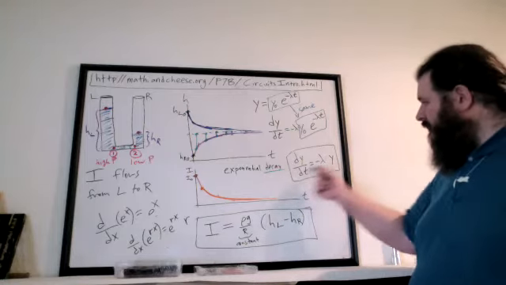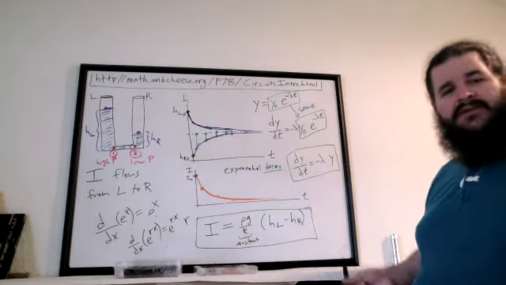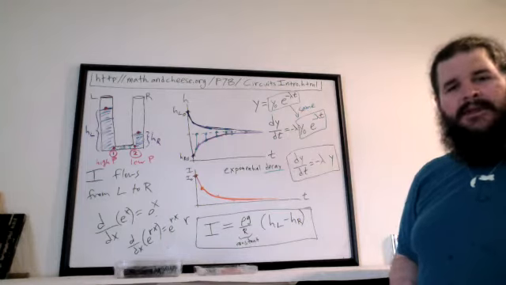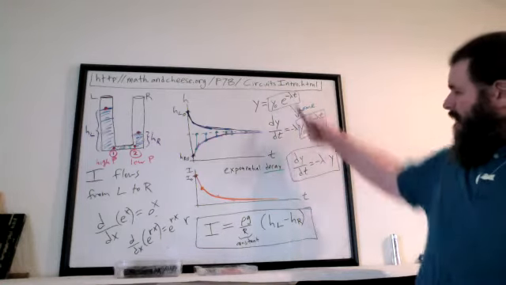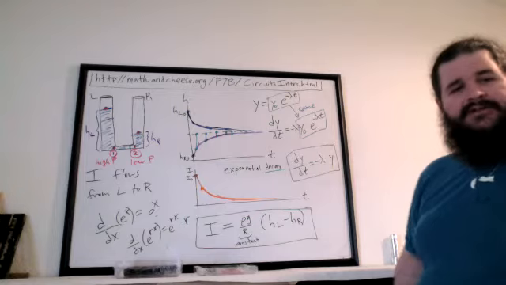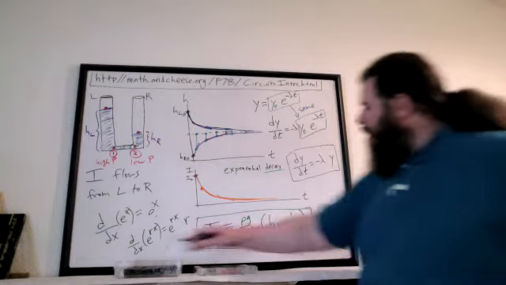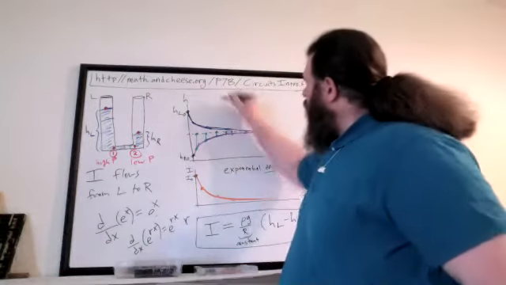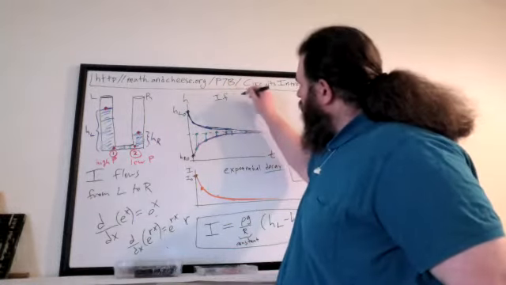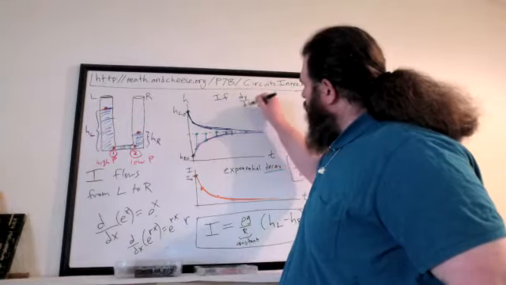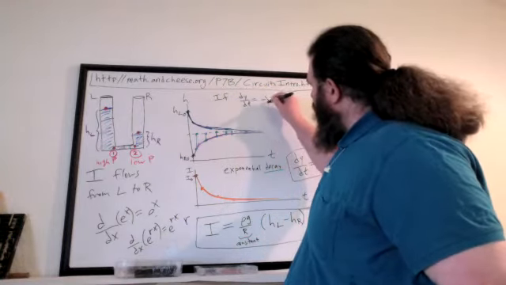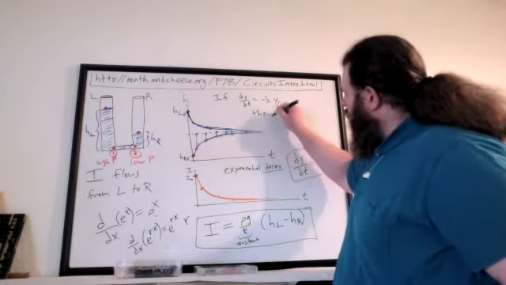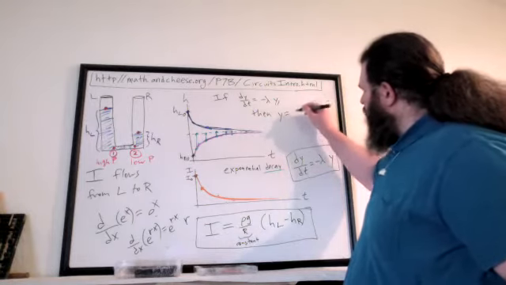And this goes both ways, because this is the only function that has this behavior. If you have an exponential function, then the derivative is a constant multiplier times the function itself. And if the derivative equals a constant multiplier times the function itself, then you know it has to be an exponential function, with the exponent multiplier being the multiplier in the original differential equation. So in general, if the derivative of y equals some constant times y, then y has to be an exponential function.